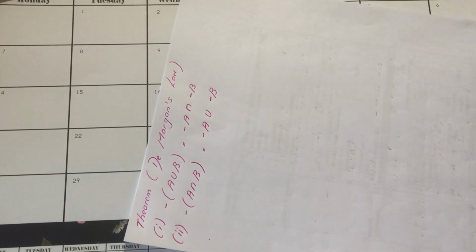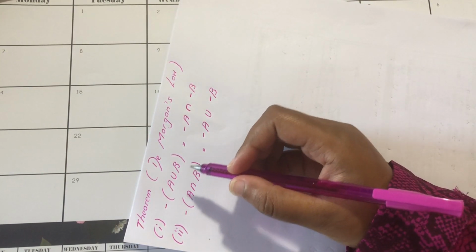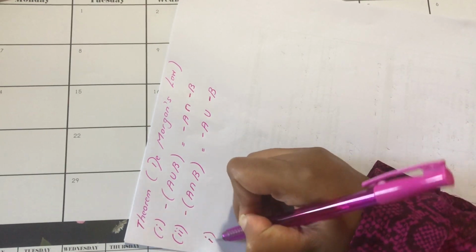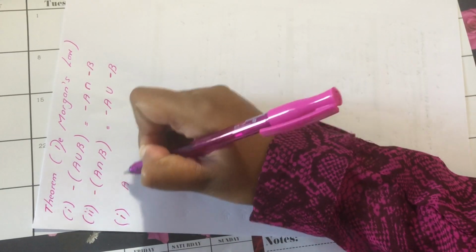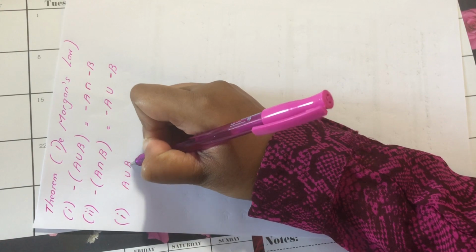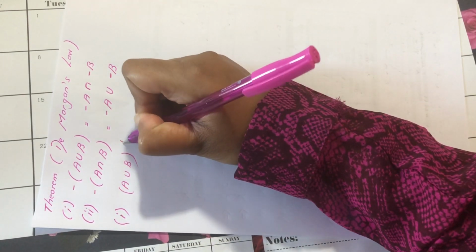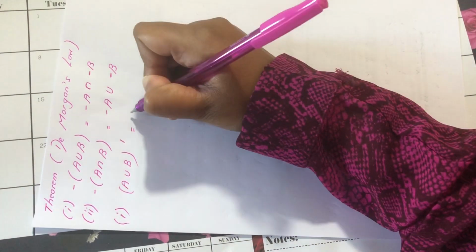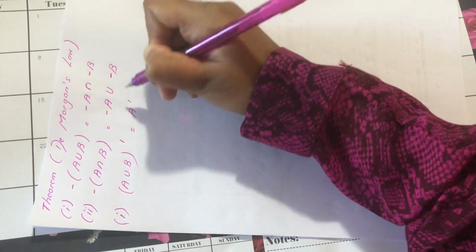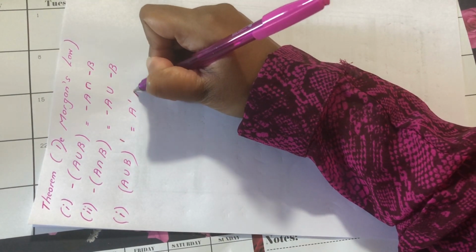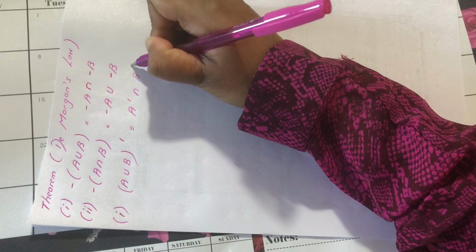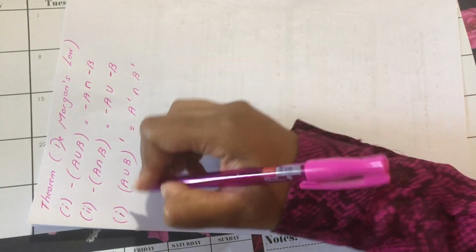of B. We can also write this law as, if we take the first one, A union B complement is equal to A complement intersection B complement.